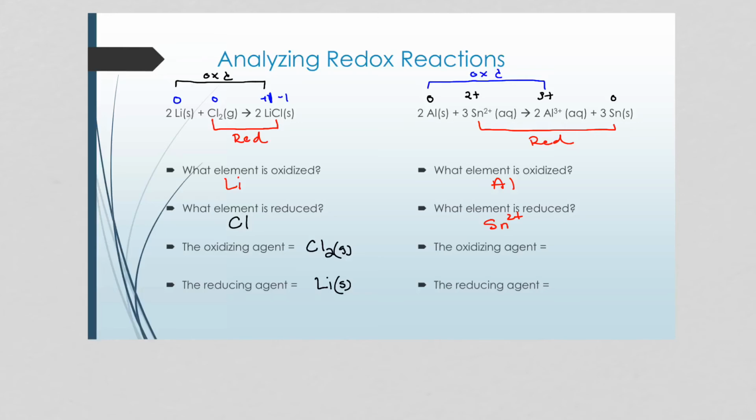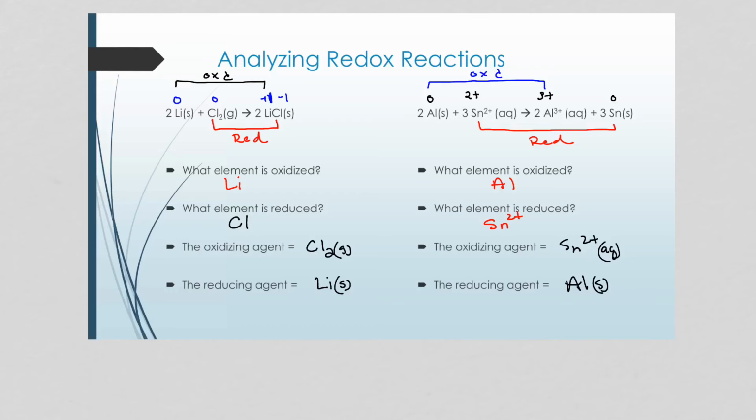So in this case, it's simply going to be the Sn2+ ions are the oxidizing agent, and the reactant that contains the element undergoing oxidation is going to be the aluminum metal. That is my reducing agent. Okay, so now we sort of get the idea.